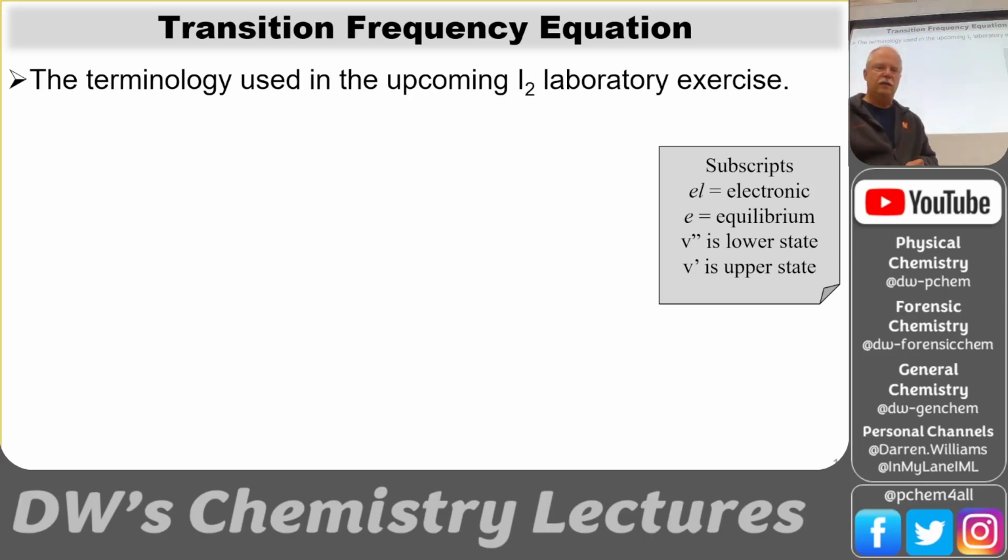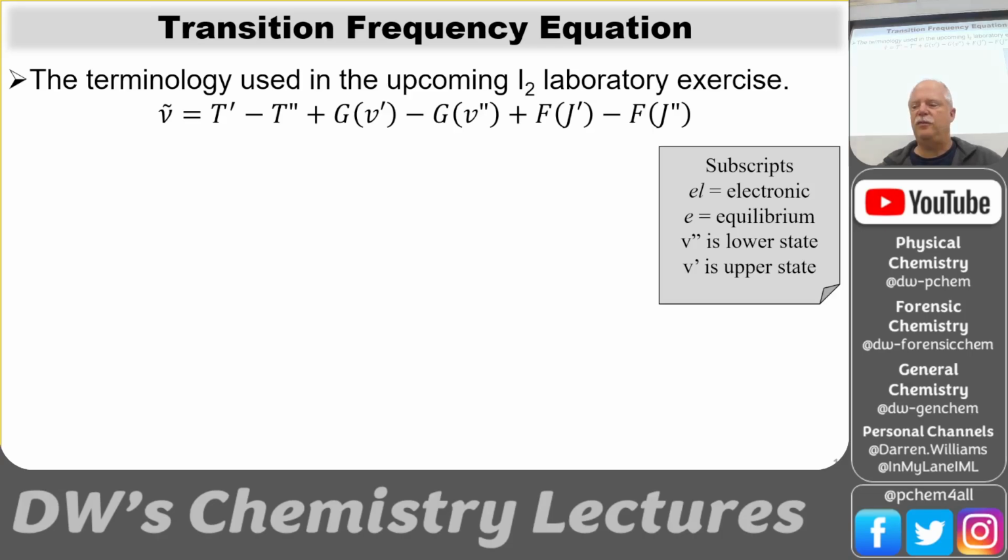And so some of the terminology used in this lab, this again is the most complicated energy transition that we have. So the frequency that we measure in the spectrometer, our measurement, has an electronic energy difference, a vibrational energy difference, and a rotational energy difference.